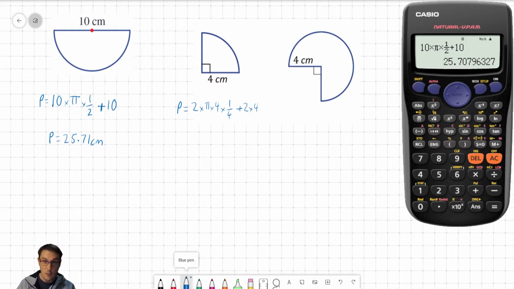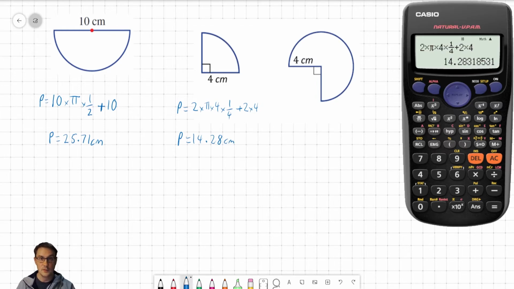Now we type this into our calculator: 2 times pi times 4 times 1 over 4 plus 2 times 4. This gives us the perimeter, which is 14.28, rounding to 2 decimal places, and this is in centimeters.